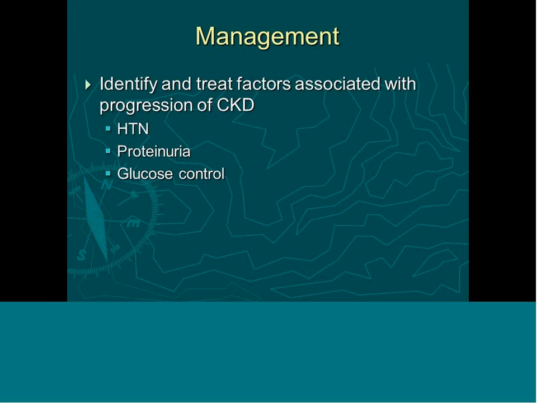You have to treat factors associated with progression of chronic kidney disease: hypertension, proteinuria, and glucose control.